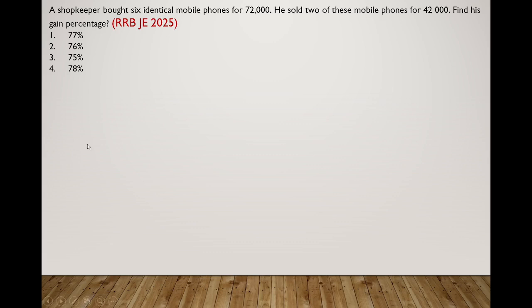A shopkeeper bought six identical mobile phones for 72,000. He sold two of these mobile phones for 42,000. Find his gain percentage.